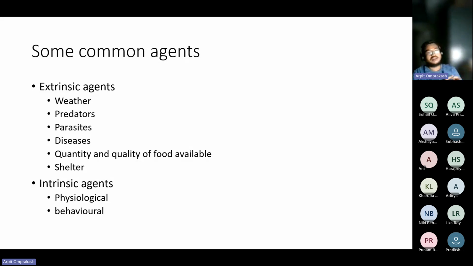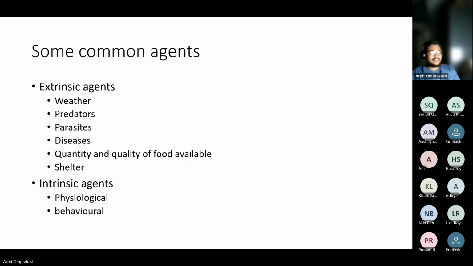Extrinsic agents include conditions such as weather, is it favorable, is it not, predators, parasites, diseases, the amount of food or resource that is available. For example, if there's extreme weather conditions like rain and all, the animal may not be able to find shelter and die off due to hypothermia or things like that.